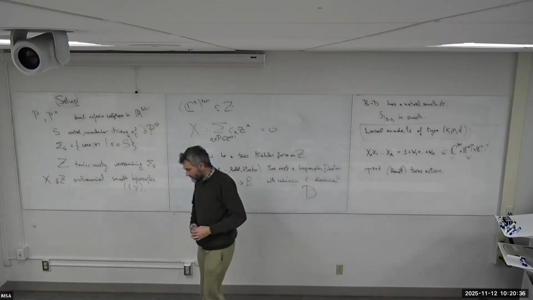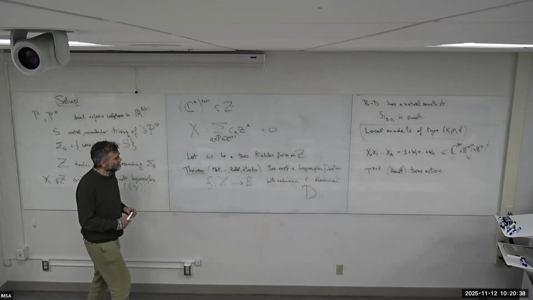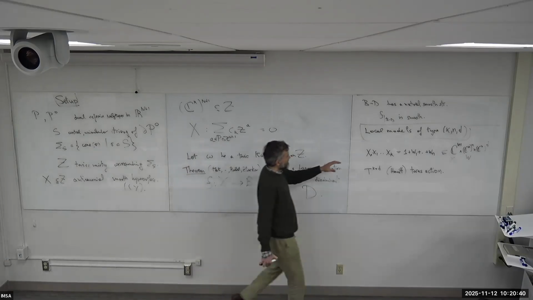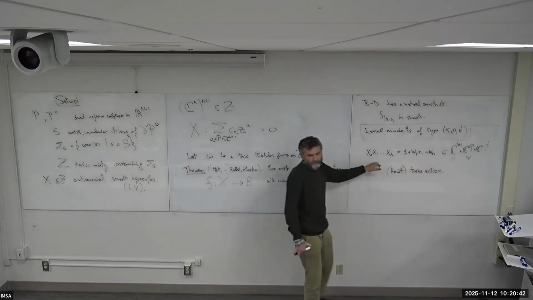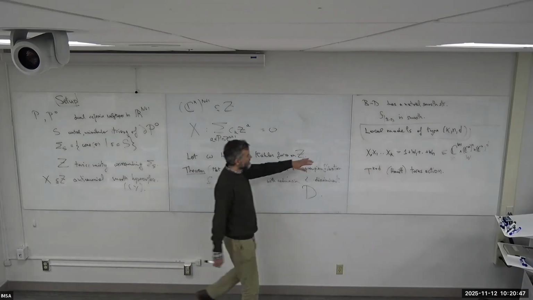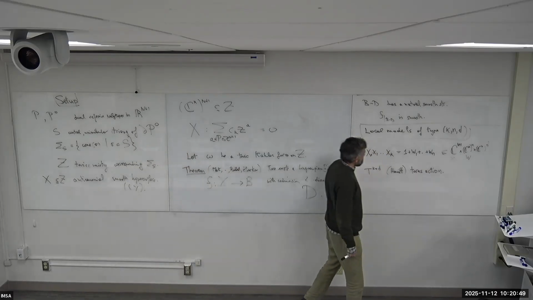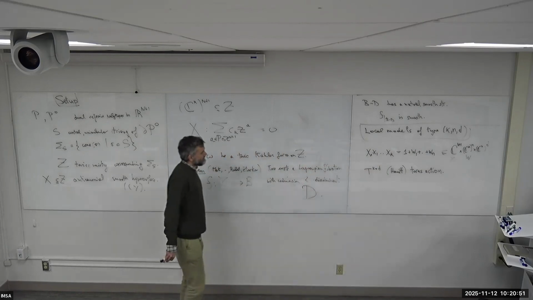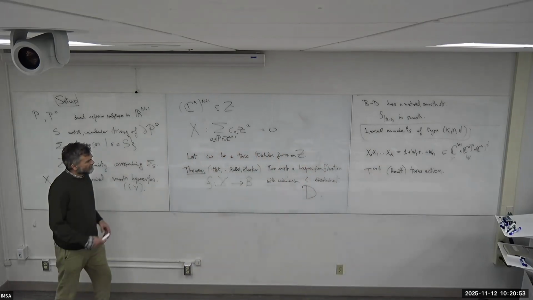You construct topological torus fibrations on Calabi-Yau, but it's difficult to construct a Lagrangian fibration on these local models. They have nice topological fibrations, but constructing an actual Lagrangian fibration is difficult.